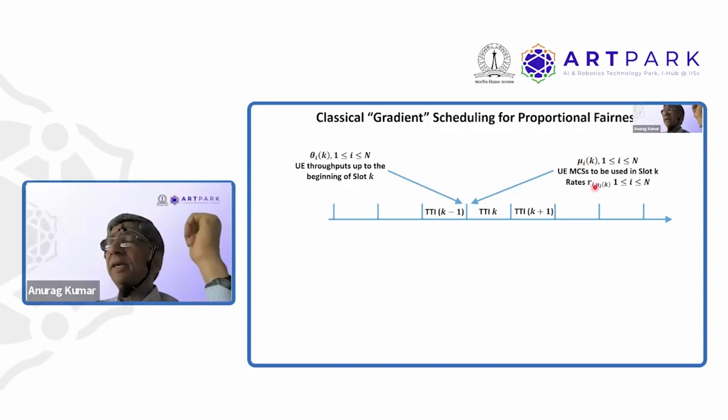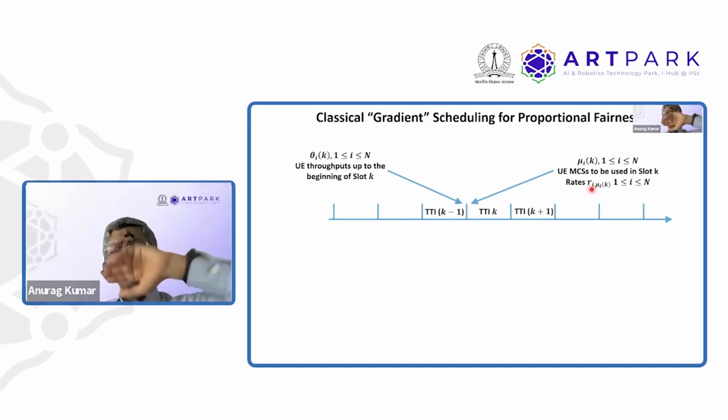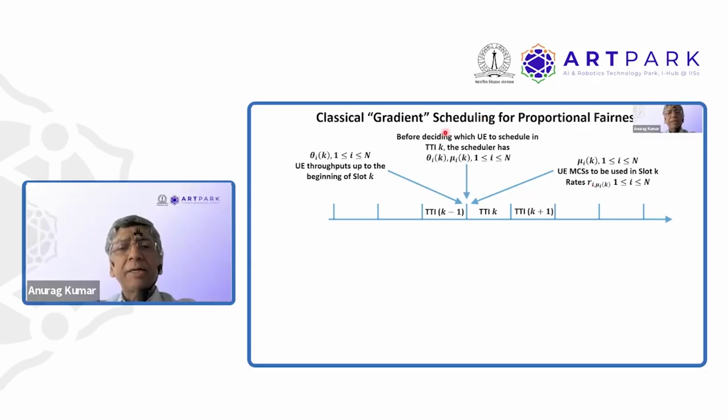And R_i(μ_i(k)) is the rate corresponding to the MCS. So MCS could be 17. For R_i(μ_i(k)), take 17, look up the table, find the number of bits per symbol, multiply it by the number of symbols in your transport block. That's what it is. So just a more complicated notation. And θ_i(k) is the throughput already obtained so far, and μ_i(k) is the MCS.